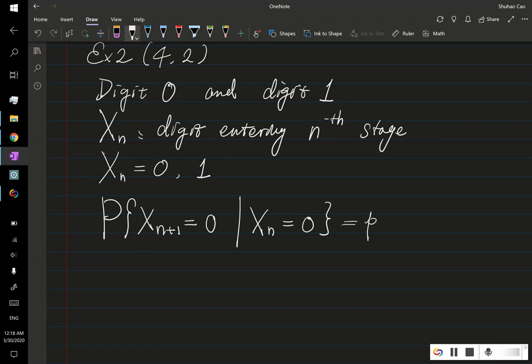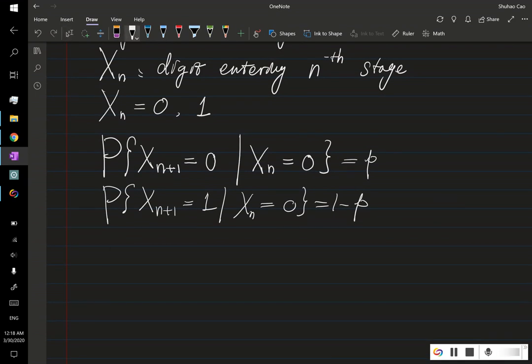Similarly, the probability that it changes to 1 is nothing but 1 minus p. And similarly, if the current stage has 1, the probability that it is unchanged is p.